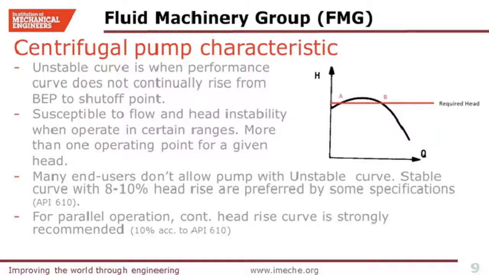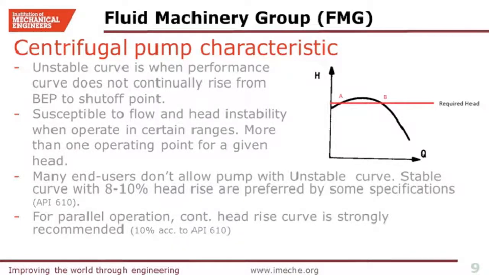Another way to identify if a curve is stable or not is to draw a fixed head line, which is a red line in this figure. And if these red lines, for example, intersect with the performance curve in more than one point, you can call the curve unstable.